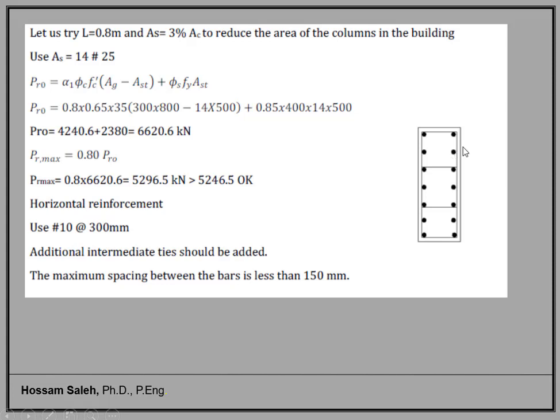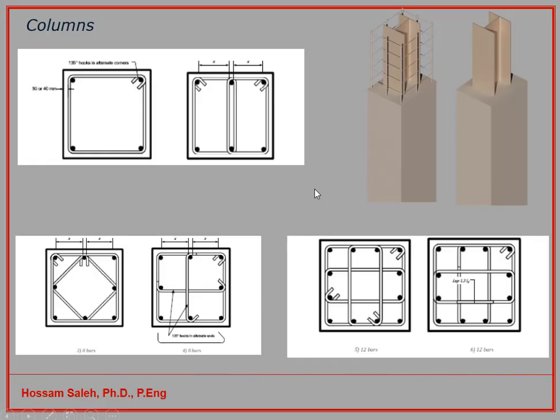So when you calculate this distance, it's more than 150, so I need to add another tie in this direction. So the ties are important to provide more stability for the longitudinal bars.